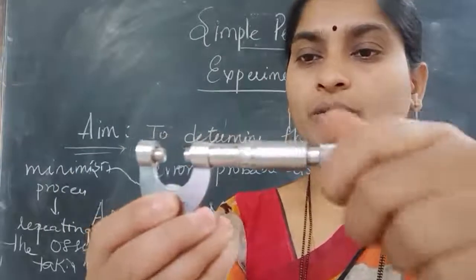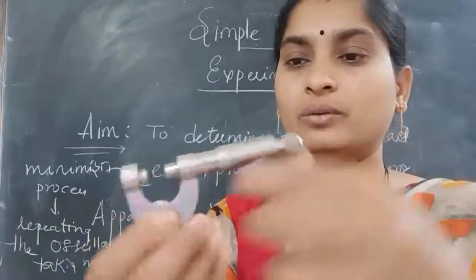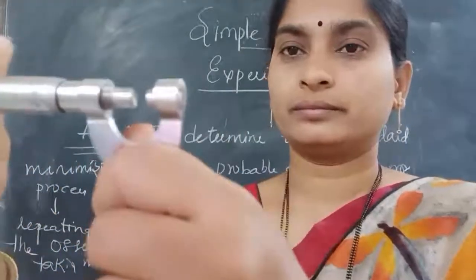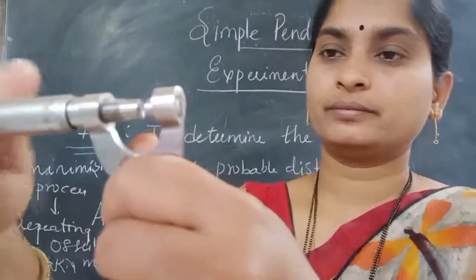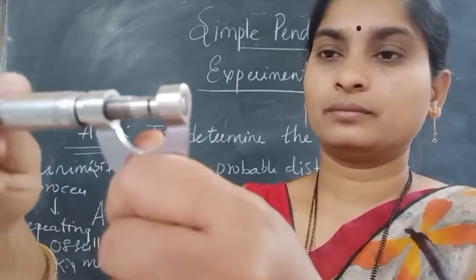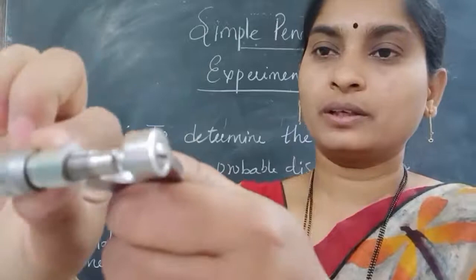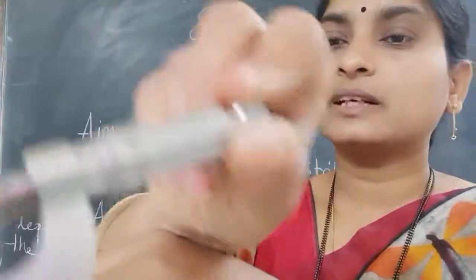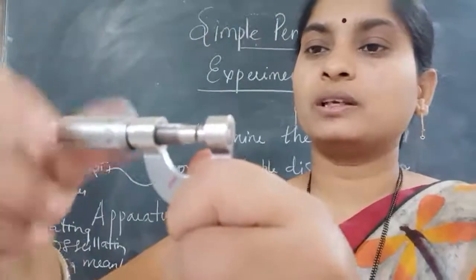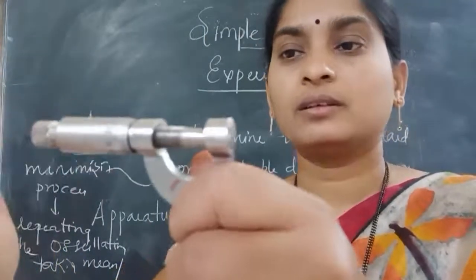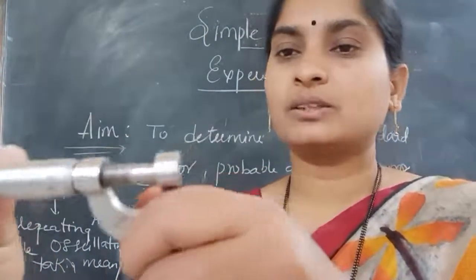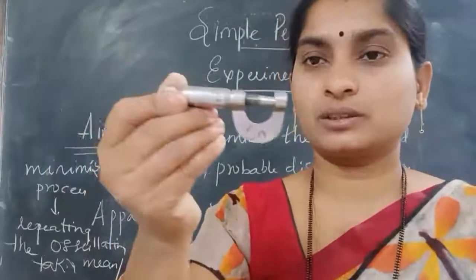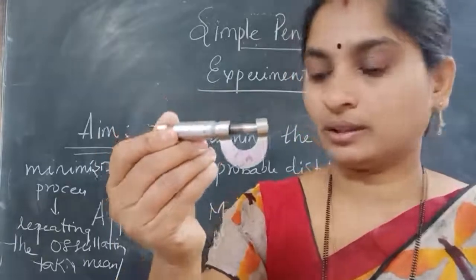Here the rotations you can do with this. Here you can see the value, that is the head scale, and the rotating one is the pitch scale. How do we calculate the least count? I will tell you. Okay, this is the screw gauge we are using here.